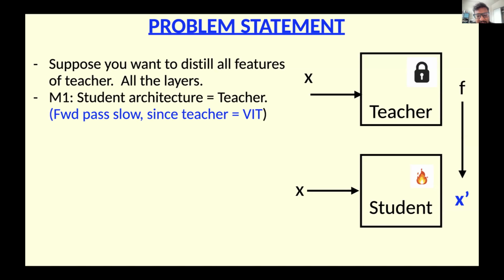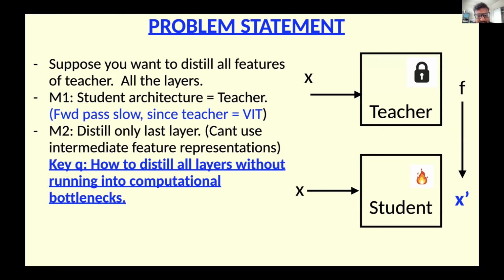But the problem is that when you do test time training in this way, it would be very slow, so you can't adapt your model very fast. The second point is that if you keep the student small and you only try to distill the last layer of the teacher, then you can't distill the intermediate layers of the teacher.